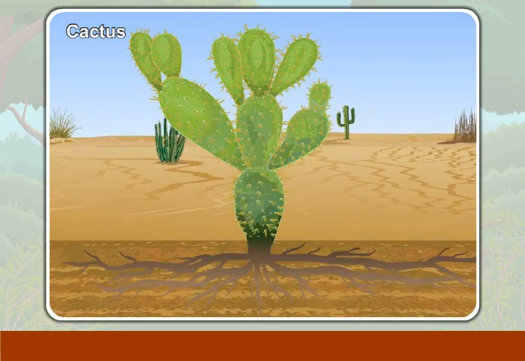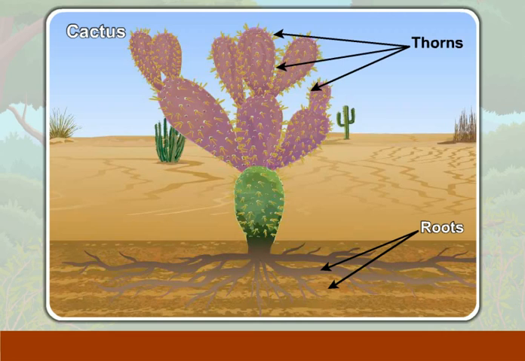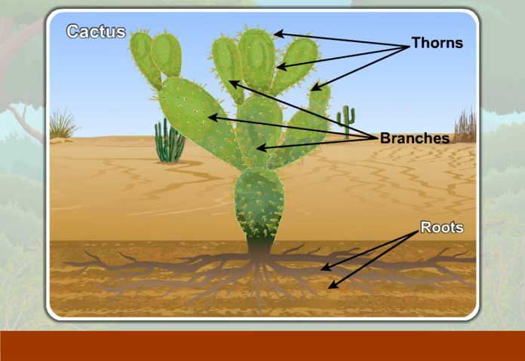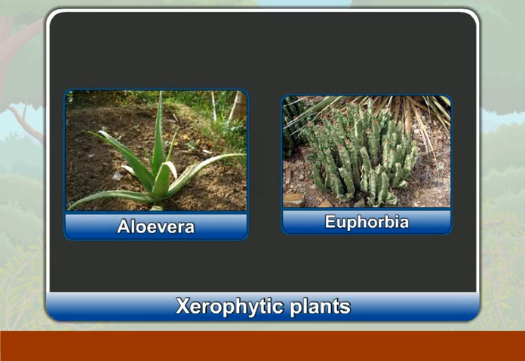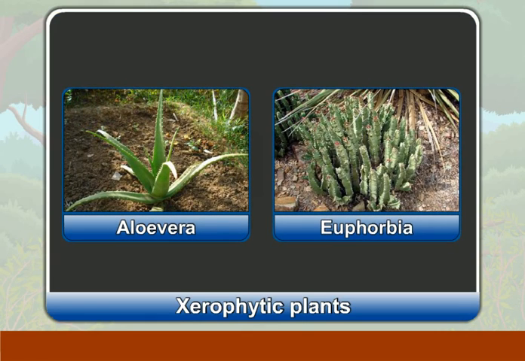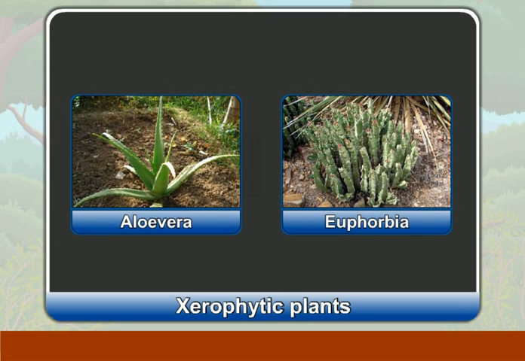So, the roots, the thorns, and the branches of the cactus plant help it to survive in the desert. Like a cactus, the body structure of other xerophytic plants like an aloe vera and a euphorbia also helps them to survive in the desert.